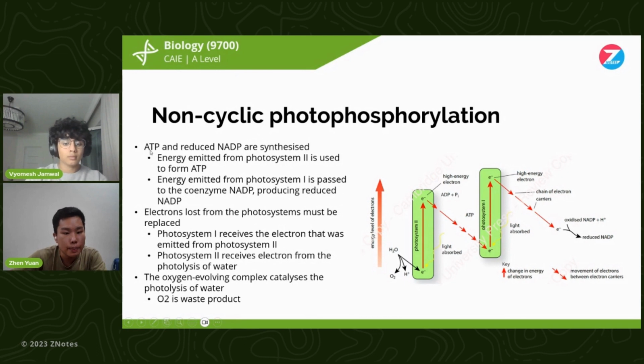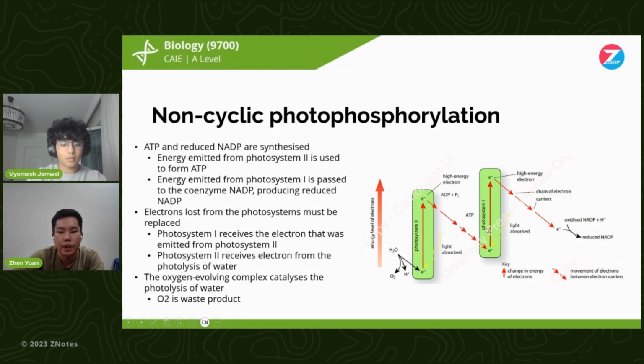So yeah, ATP and reduced NADP are synthesized. Energy emitted from photosystem 2 is used to form ATP. Energy emitted from photosystem 1 is passed to the coenzyme NADP, producing reduced NADP, as aforementioned. And your electron lost from the photosystem must be replaced. You cannot leave it hanging, as I said.